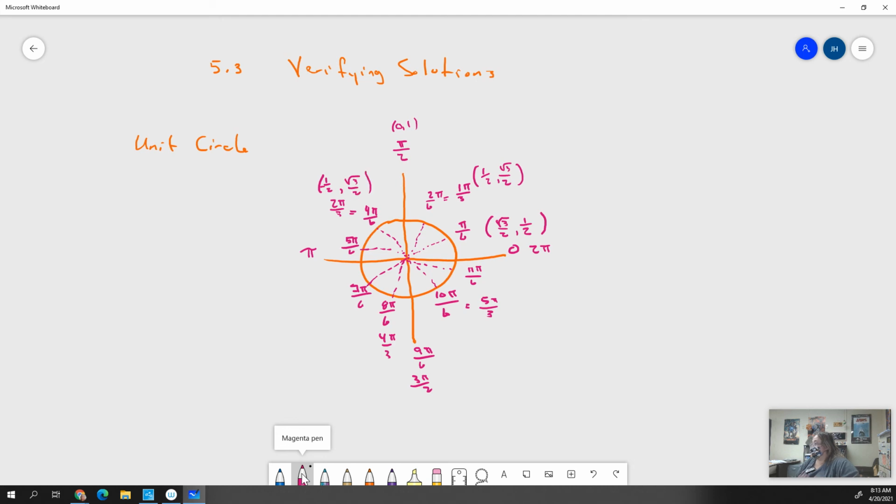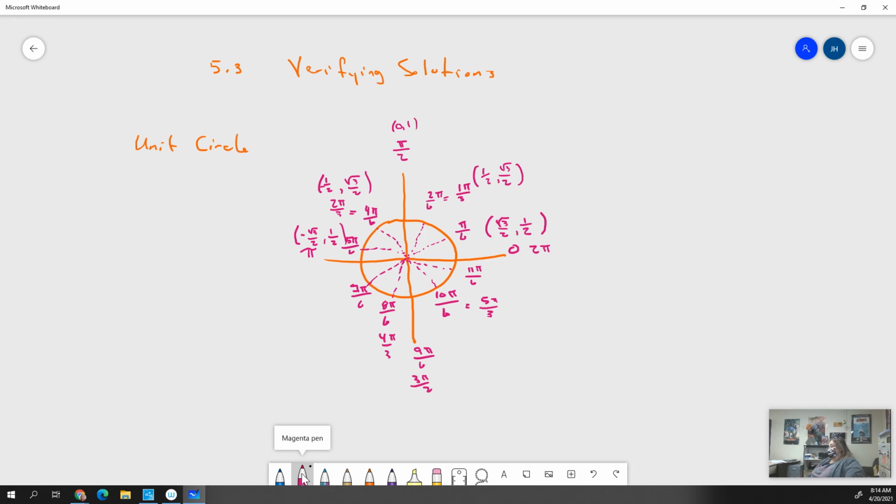And we could do this all the way around, right? This one's going to be the same as this one, but our x value is going to be negative, right? The only thing that's going to change the rest of the way around on these is the sign, right? Everything on this one is negative.